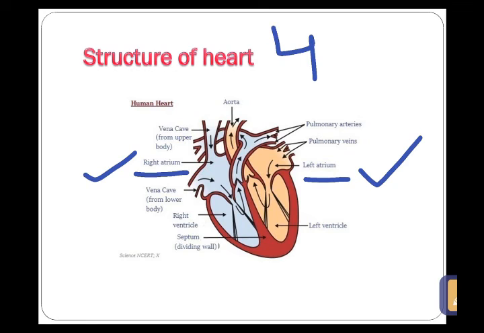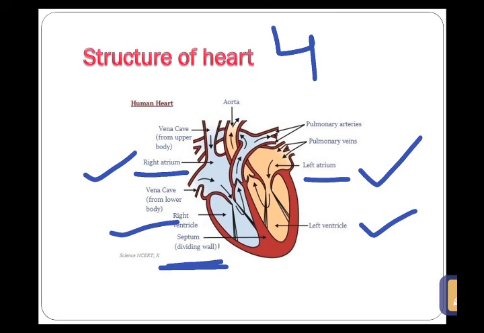Similarly, the chambers which are below are called ventricles. Again, right ventricle and left ventricle. There is a muscular wall called septum which divides the 4 chambers, the left chambers and right chambers.